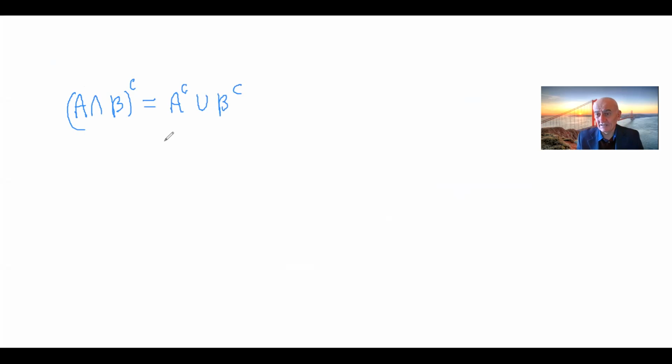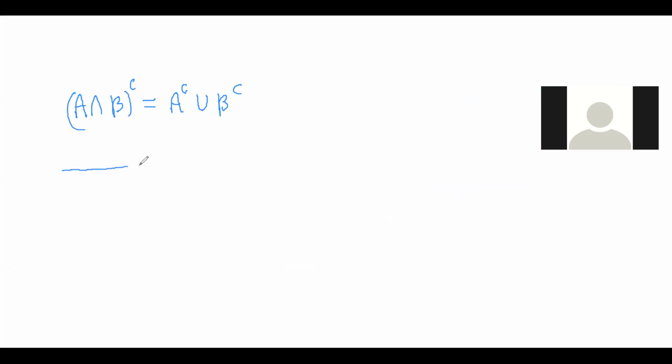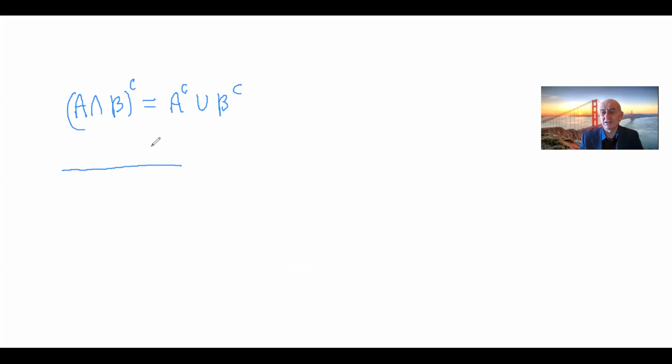This technique is called a membership proof. What it means is that we will construct something like a truth table, but in fact it's not a truth table.